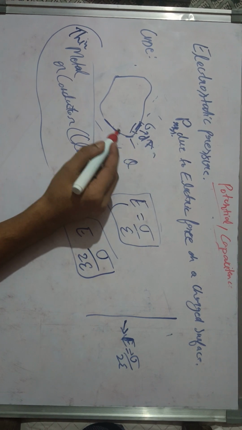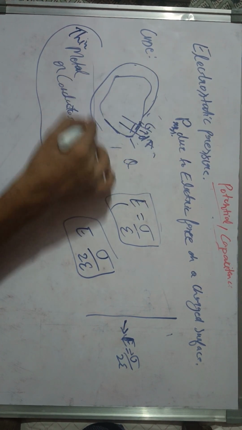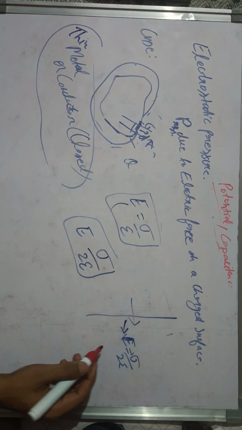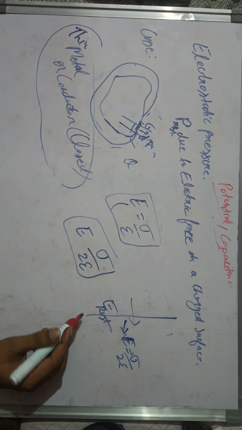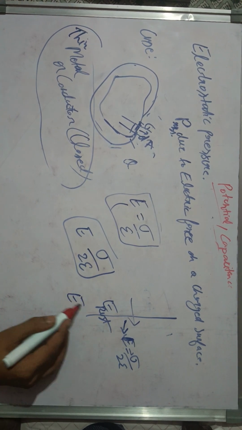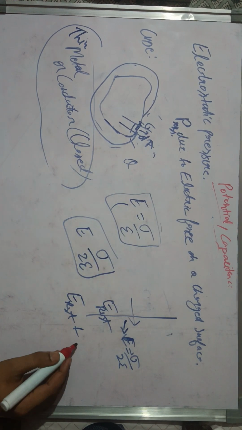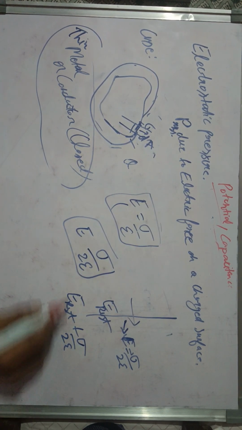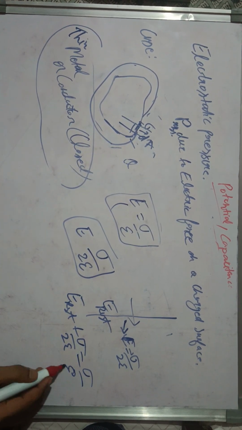And there would be some extra electric field due to the rest of the system. The rest of the system also applies some electric field here, which we call E rest. So we get E rest in this direction, plus sigma by 2 epsilon, which is the electric field due to this element. These two get added to give sigma by epsilon.